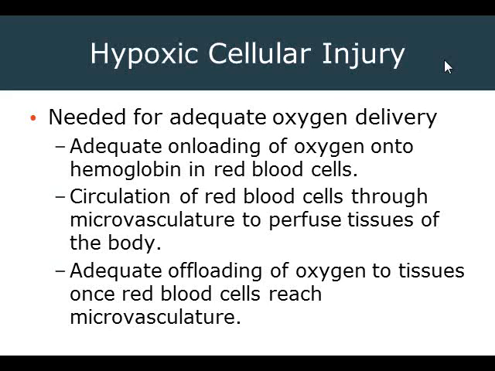We have to have circulation of the red blood cells through the microvasculature to perfuse the tissues of the body. So more so, the plasma comes into play here. We have to have the plasma in order to move these red cells through. We have to have a heart that's strong enough to pump these red cells around.